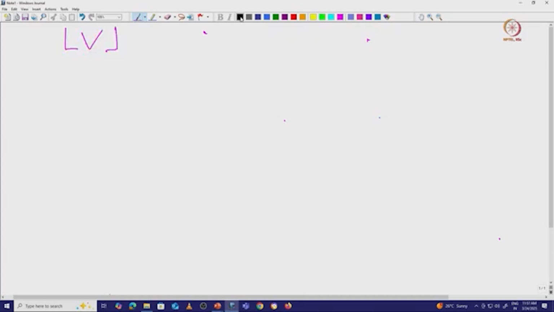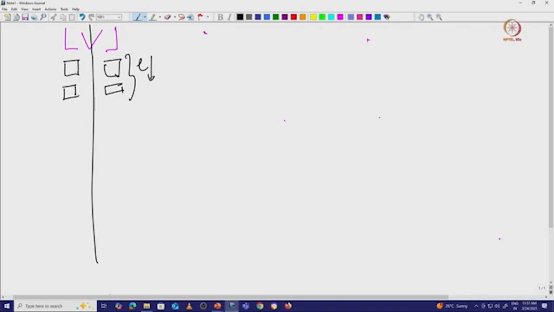I'll change the color here, and this time I'll draw the optical axis first, so I don't make the mistake, because previously it was not a very straight line. So this is my optical axis, and the optical axis will be very straight. Now first there will be the first anode, and then there will be an accelerating stack. We already discussed the accelerating stack, which helps us to accelerate the electrons.